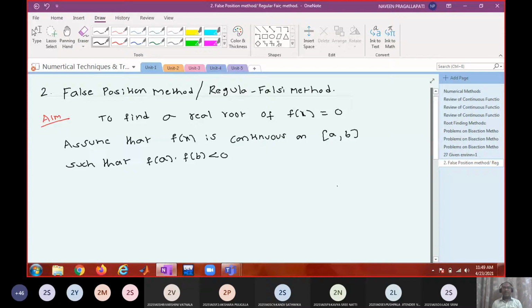Okay, then definitely the equation has a root in the open interval a to b.